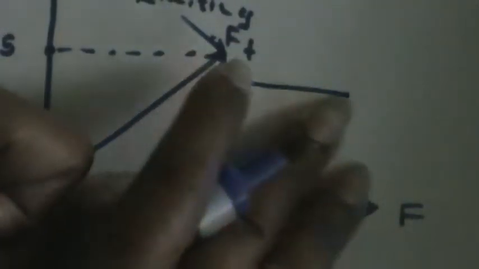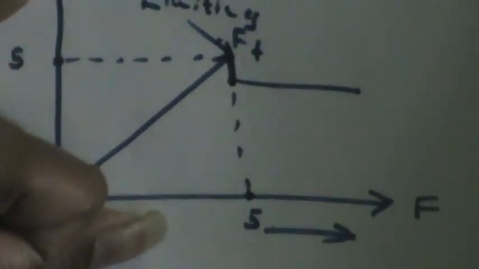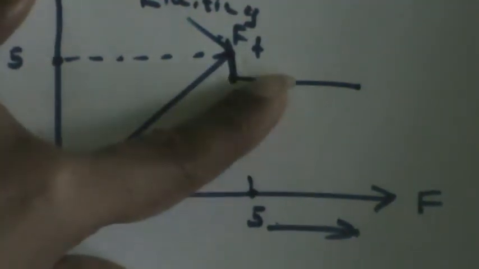The graph will be simply like this, right? The y value stays constant and the x value changes, so that is a graph parallel to the x-axis. So this is the kinetic region.